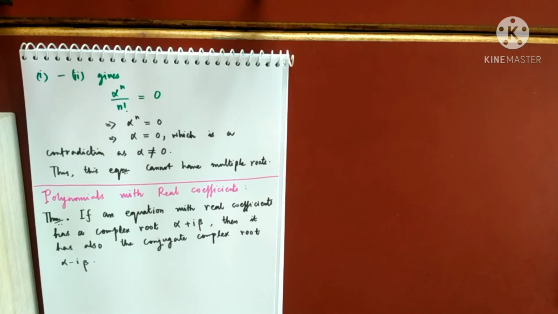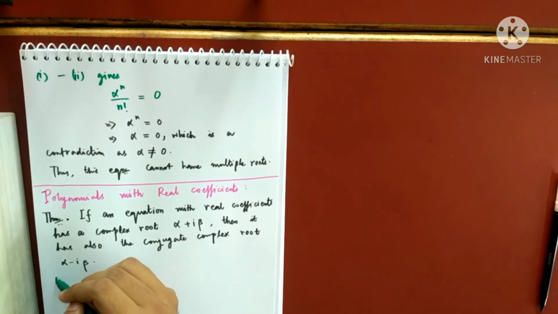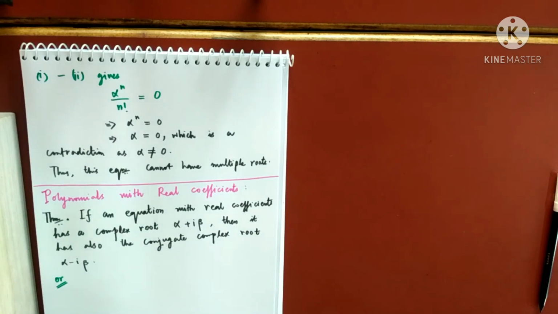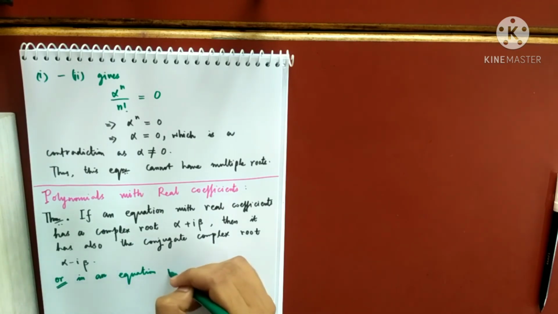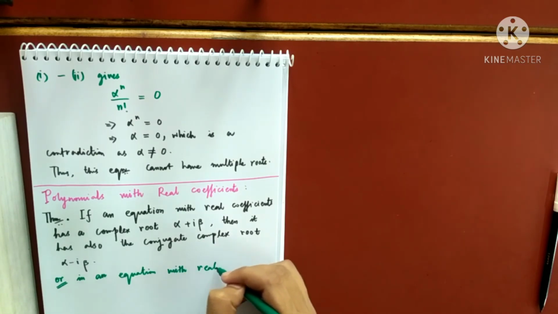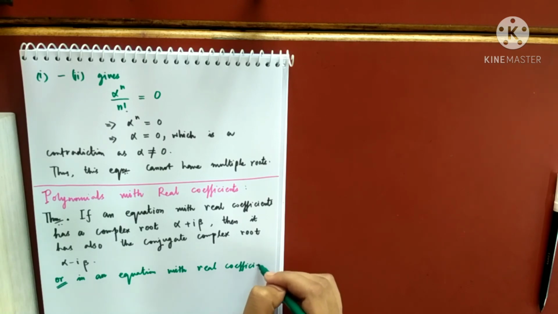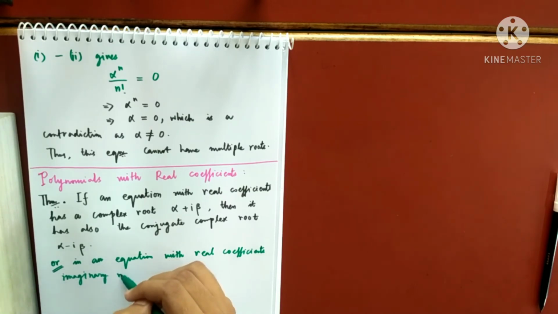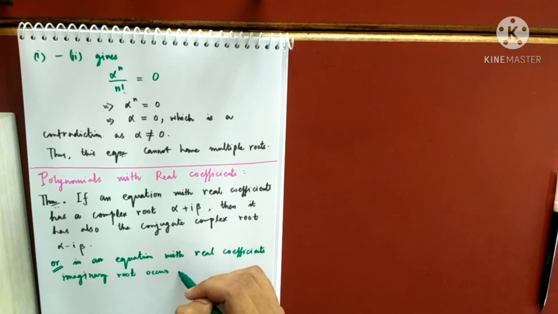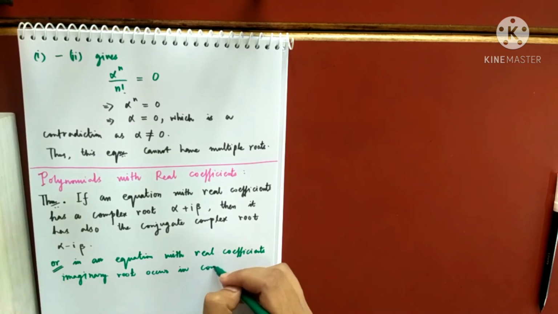We can also state the theorem in other words: in an equation with real coefficients, imaginary roots occur in conjugate pairs.